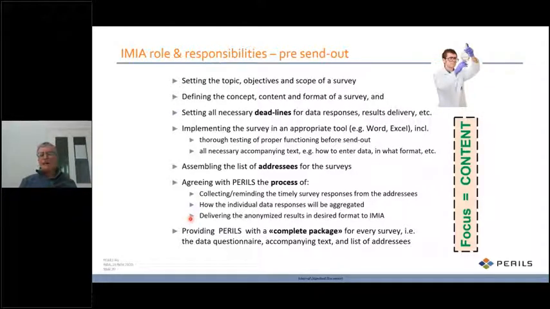So at the end of this part, IMIA prepares a complete package with questionnaires, with accompanying text on how to fill in and in what format the data, deadlines, and the list of addressees, and hands this complete package of the survey to Perils.